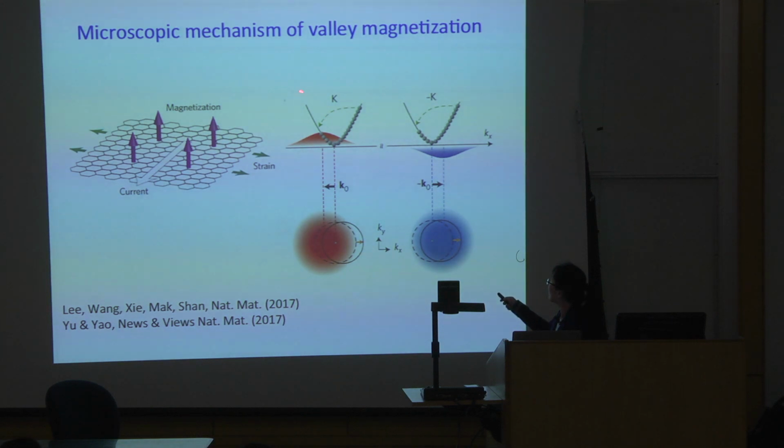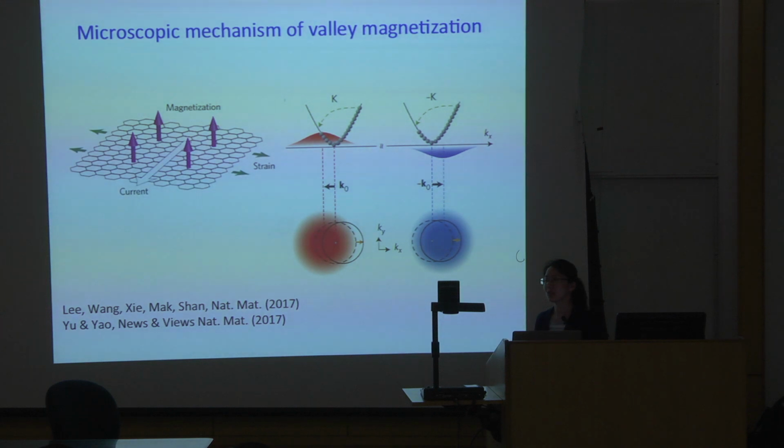So if you run current, and if you don't talk between the two different valleys, then in each valley you are going to have a tilt of the Fermi surface. So you have a little bit more electrons here and a little less here. Now if you do your averaging, the positive magnetic moment you integrate over one valley cannot completely cancel the negative magnetic moment you integrate over the other valley.